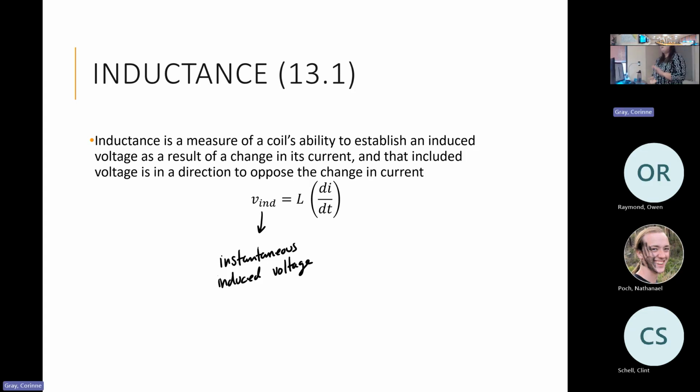So the little b tells us it's an instantaneous value, IND tells us it is induced. It is going to be equal to L, where L here is our inductance value. Then we have the time derivative of our instantaneous current.